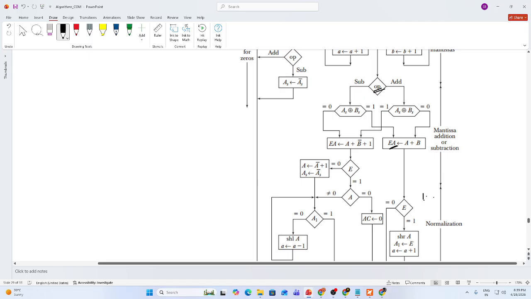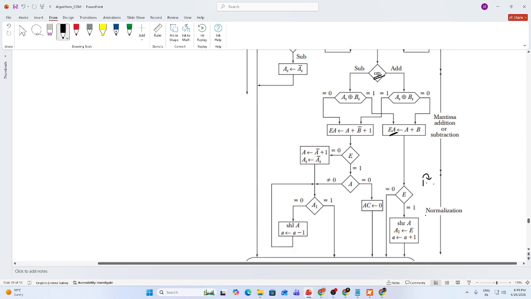To make it normalized, I need to shift this one time right. When I shift the mantissa one time right, I need to add 1 to the exponent. So what does shifting one time right mean? Here you can observe I have represented E, and this mantissa A, the MSB bit I represented as A1.